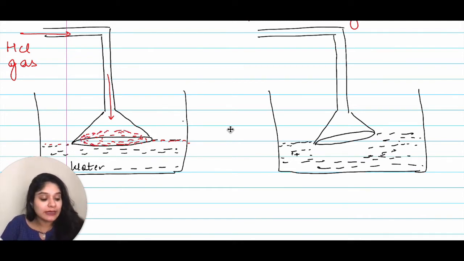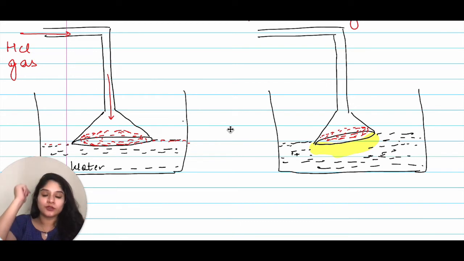Because of this, an air gap is created. That means water will rise up into the funnel, and right below the funnel an air gap is created. Because of this air gap, eventually your water will fall back down into the water trough and will not rise up into the tube.